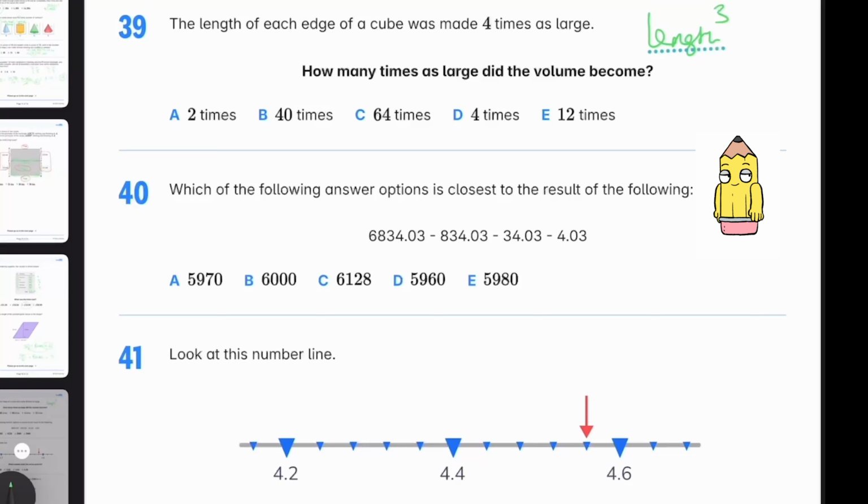If we multiply the length of each side by 4, we can write it as 4 times length, all cubed. We can expand the right-hand side of the expression by cubing 4. So 4 cubed is 64 times the length cubed. Therefore, if the length of each edge of the cube was quadrupled, the volume becomes 64 times as large.